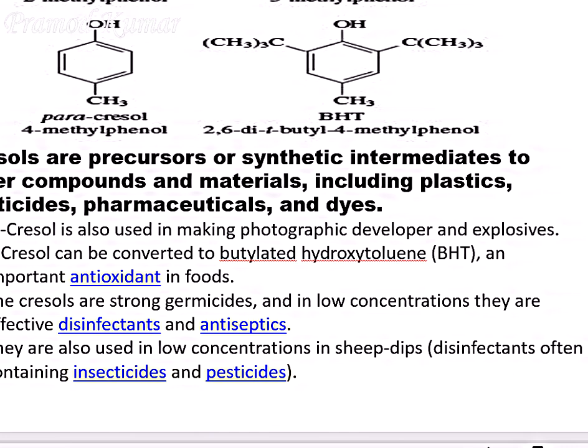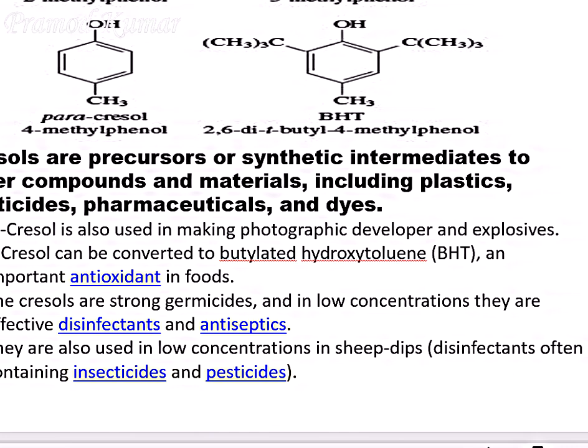If you check your food packages, they will contain this compound, BHT, butylated hydroxytoluene. So this is mostly present as a preservative and antioxidant in most of your food products. Others are used as disinfectants, pesticides and antiseptics at low concentration.